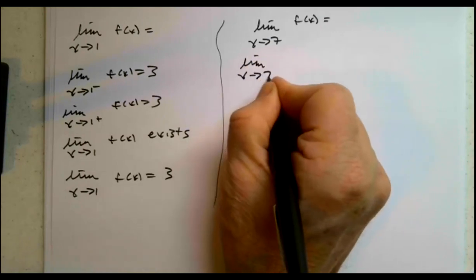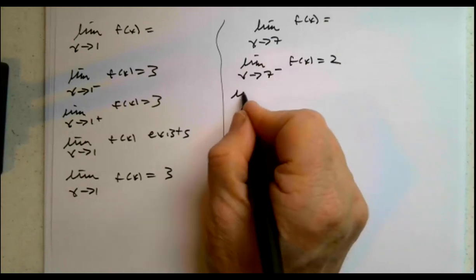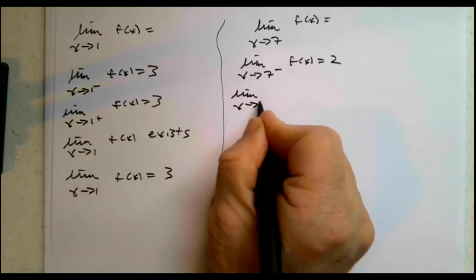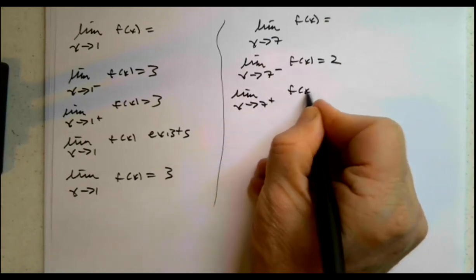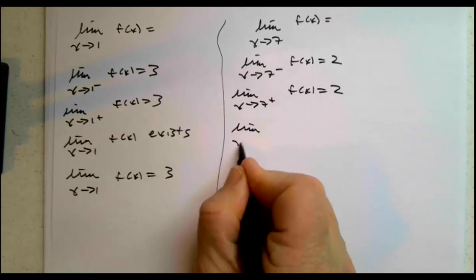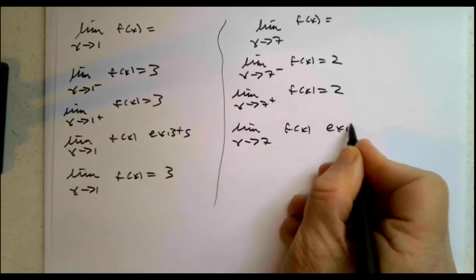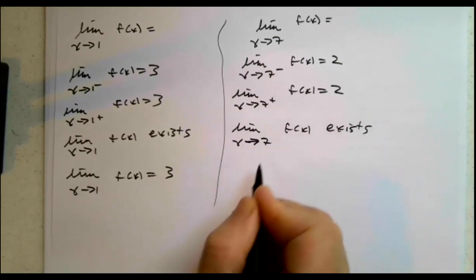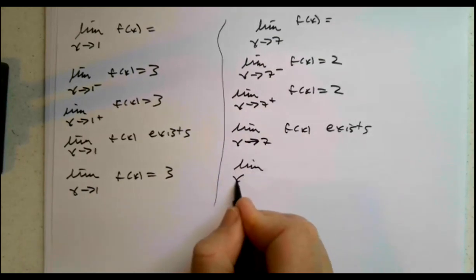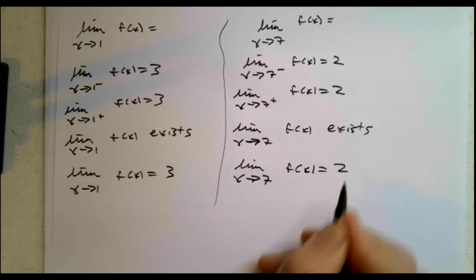Limit as x approaches 7 from the left of f of x seems to be 2. Limit as x approaches 7 from the right of f of x seems to be 2. Therefore, the limit as x approaches 7 of f of x exists. And the limit as x approaches 7 of f of x looks like it equals 2.